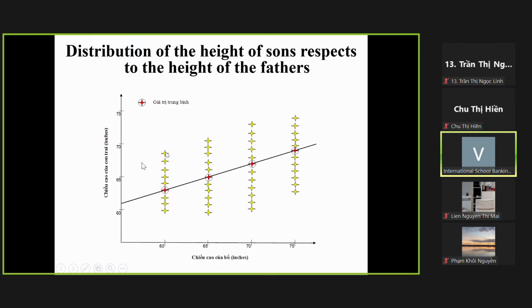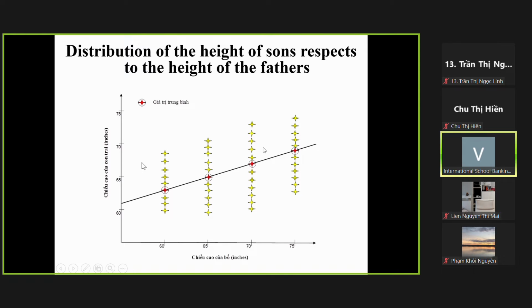The points here denote the height of the sons, and the vertical axis here is the height of the sons. This is the first group, and the second group is the same. So the points here are the heights of the sons.